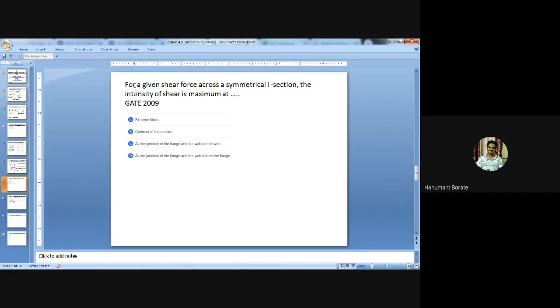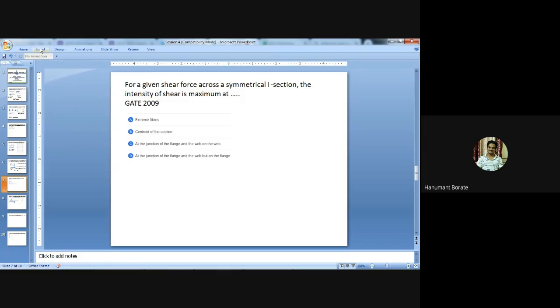GATE 2009 question: for a given shear force across a symmetrical I section, the intensity of shear is maximum at the extreme fiber, at the center of the section, at the junction of the flange and the web but on the web, or at the junction of the flange and the web but on the flange.